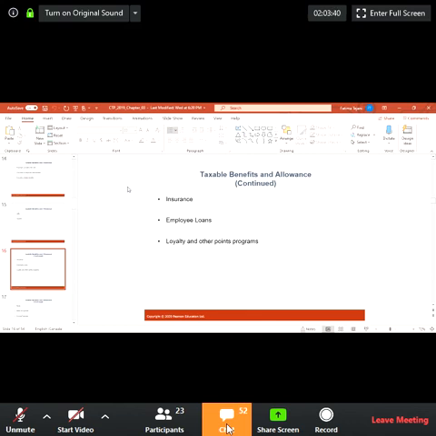But if they actually went to get the loan elsewhere, they would have to pay like 10% or 7%. The difference in the amount of interest will be considered a taxable benefit, and it will be reported in your employment income.